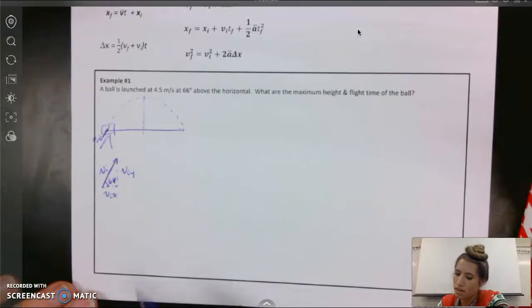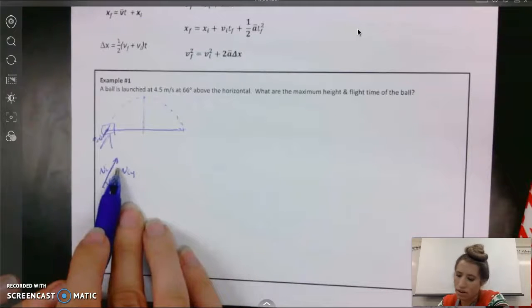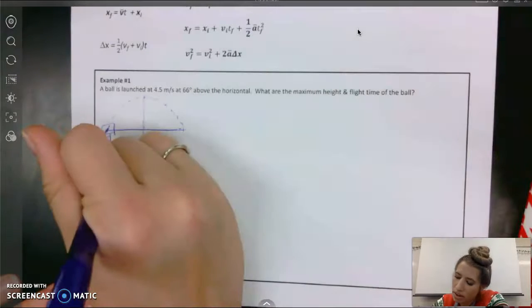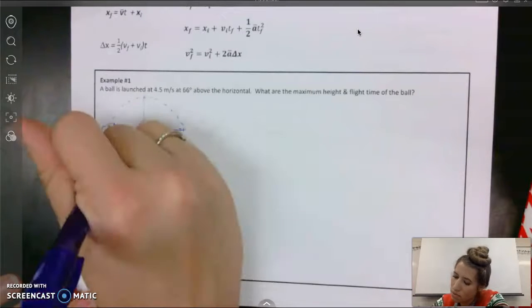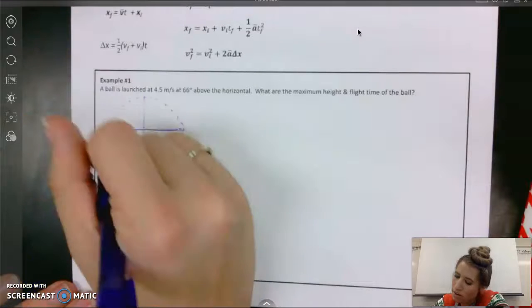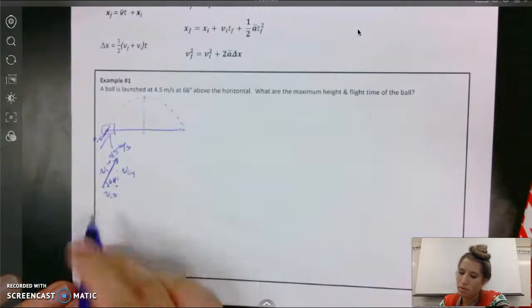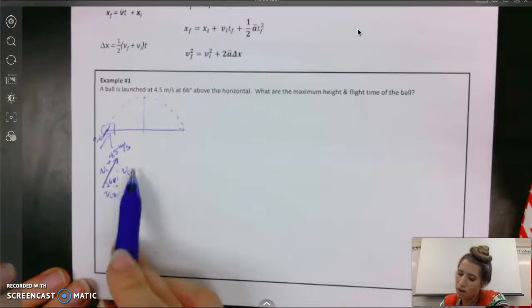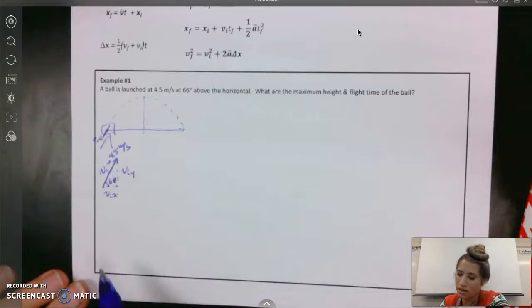We have this triangle where we have velocity initial in the y and the x, and we know that the overall velocity was 4.5 meters per second. But with our trig skills, we can determine the y and x components.